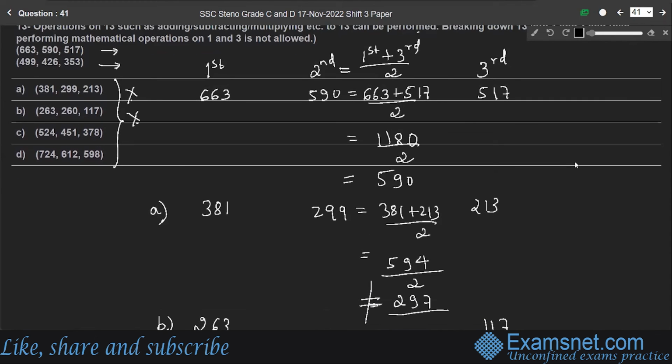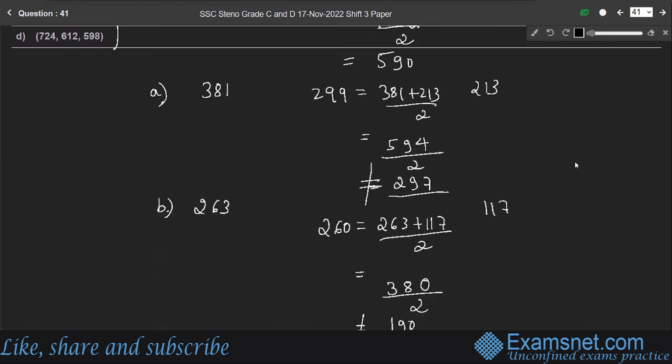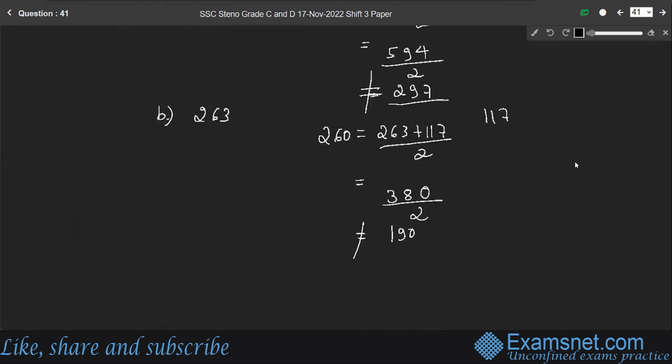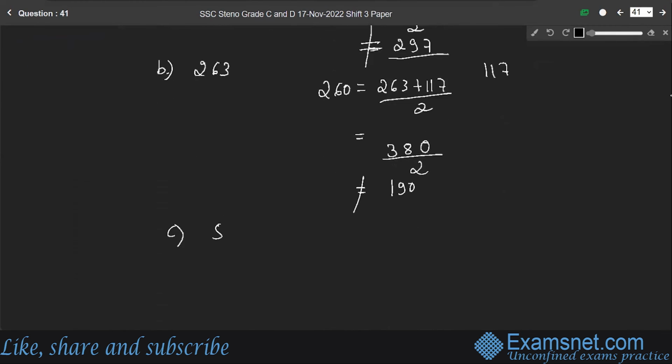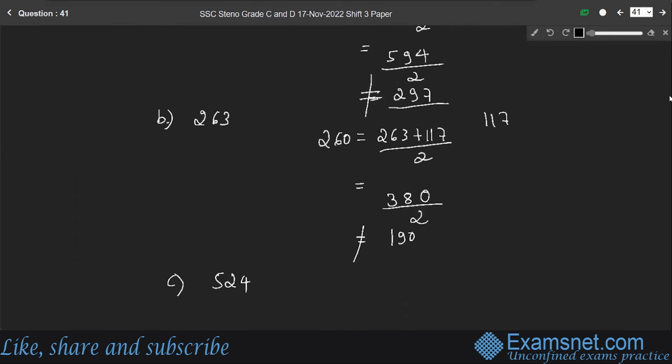We'll consider option C. Option C, 524 is the first number, the second number is 451, and 378 is the last number. According to the logic, 451 should be equal to 524 plus 378 by 2.